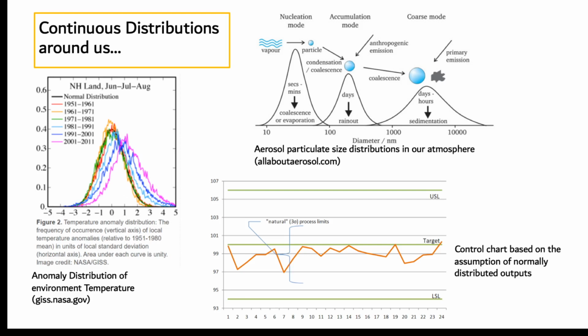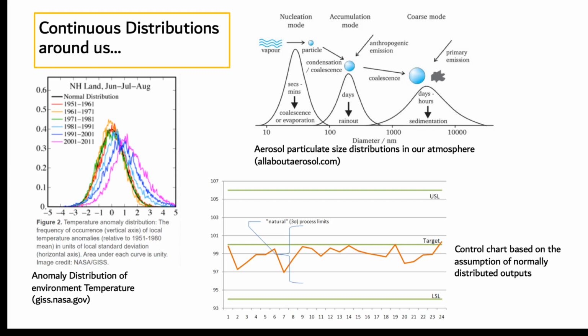I close this segment with a few examples that show how pervasive this continuous probability distribution is in our life. For example, the environmental temperature anomaly is shown to follow the normal distribution. The size of the aerosol particulates in the atmosphere follows the log normal distribution.